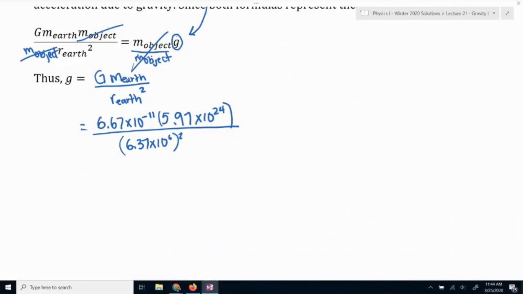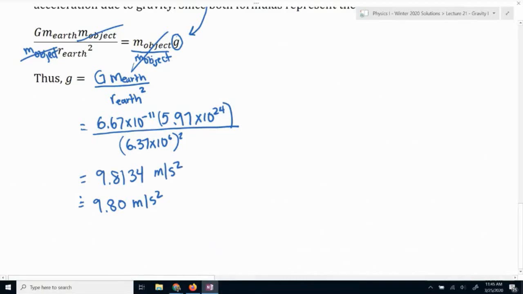So let's see. Yeah, when I type it up, I get 9.8134. And that's why, in this class, we're rounding it. We're saying it's 9.8 meters per second squared. So that's where this number is coming from.